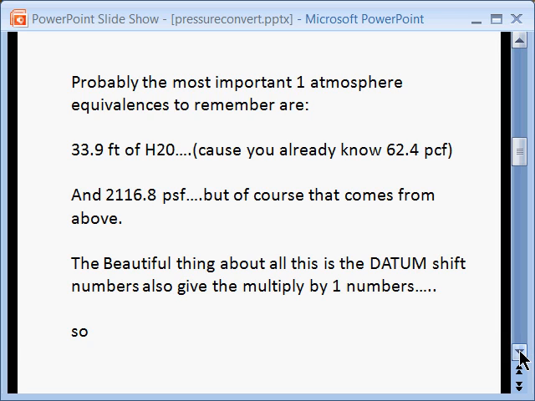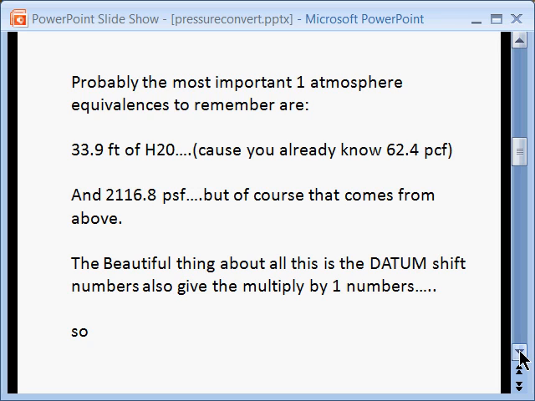Here are a couple more of the most important equivalences to know. 33.9 feet of water. And because you already know 62.4 pounds per cubic foot, you can use this knowledge of change in pressure equals minus change in elevation times the unit weight of the fluid to get that 2116.8. That pounds per square foot is the base unit that we use. So the beautiful thing to know about the datum shift here in pressure is that the numbers for the datum shift also give you the conversion numbers.